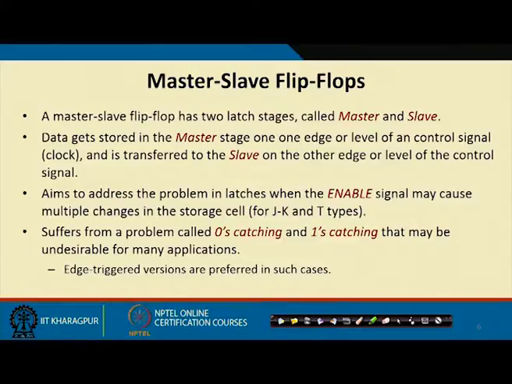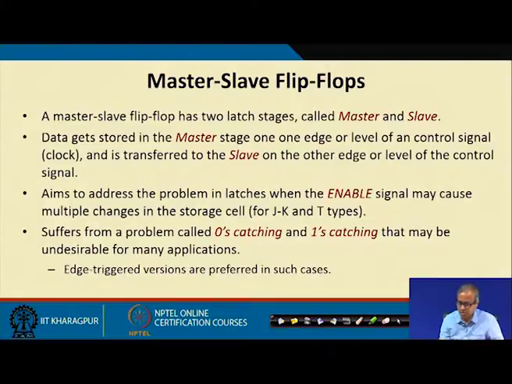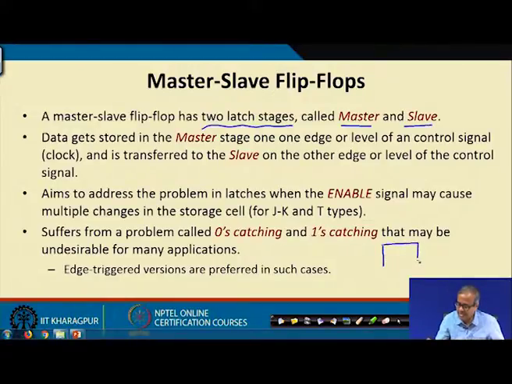Now, there is another kind of flip flop which is used as opposed to edge triggered. This is called master slave flip flop. Now, as the name implies, there is something called a master, there is something called a slave, and there are 2 latch stages. There is one latch which you call the master latch, there is another latch which you call the slave latch.